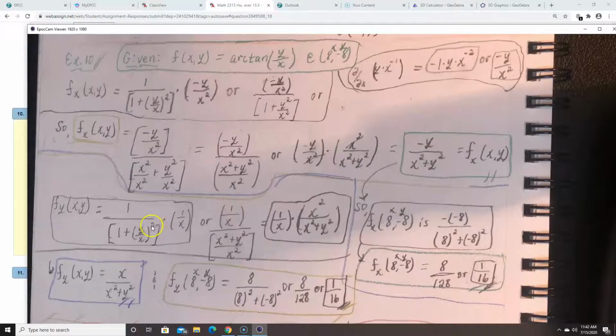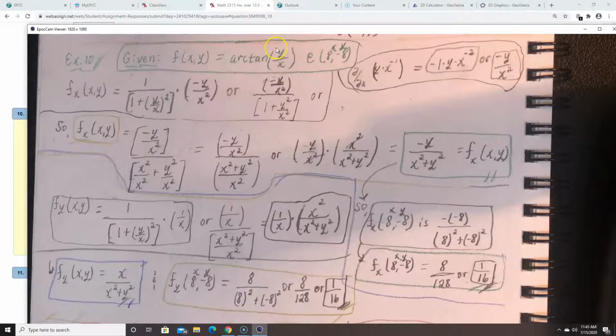So the derivative of y over x with respect to y, so that's x being frozen constant. Pretend that was like a 7 on the bottom. So it would be 1/7 times y, and the derivative of y with respect to y is 1, and it would be 1 times 1/7, which would be 1/7.